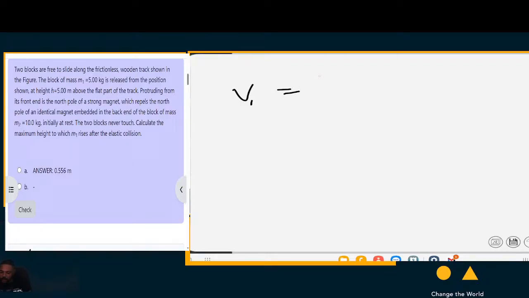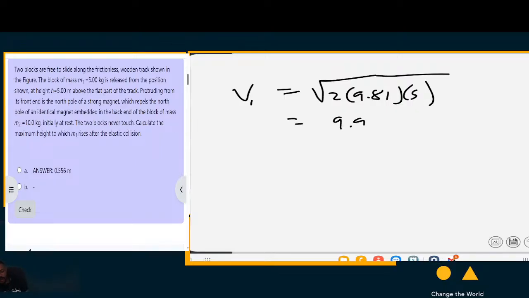So V1 is equal to the square root of 2 times 9.81 times 5. So we find the velocity just before the collision. It's 9.90 meters per second. That is the velocity just before the collision.